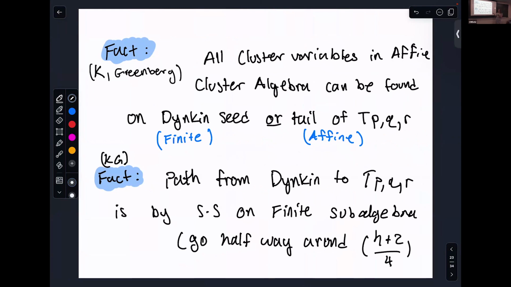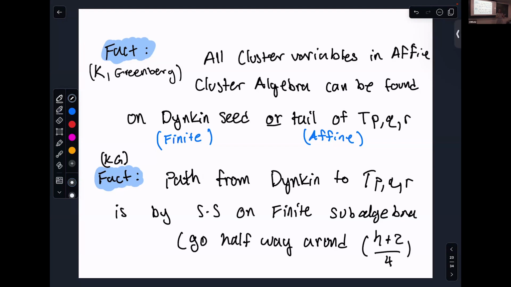If you just mutate along the tail, you'll sort of be stuck in one subalgebra. You can do what we call a twist along the tail. And if you keep doing that on each tail, you'll find all of the affine cluster variables, but it requires mutating at the double arrow spot as well. I can explain.